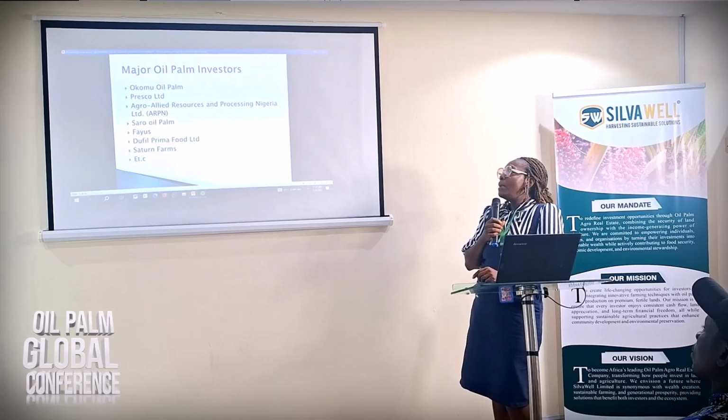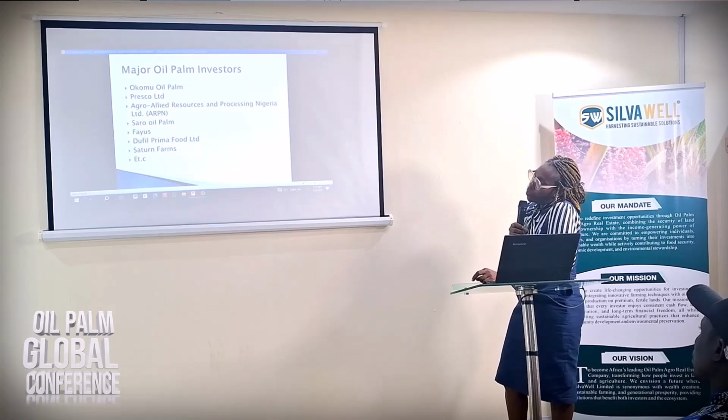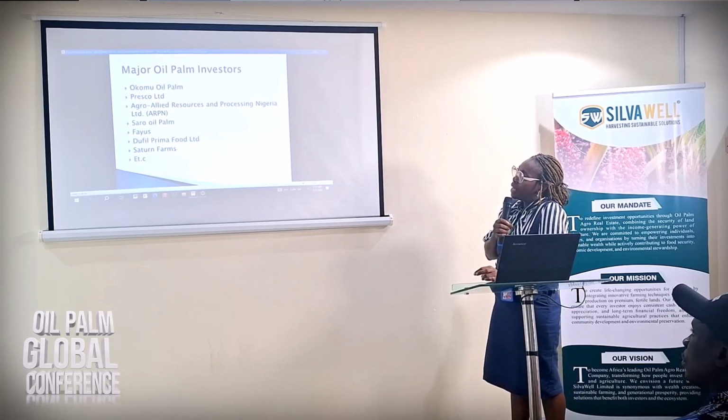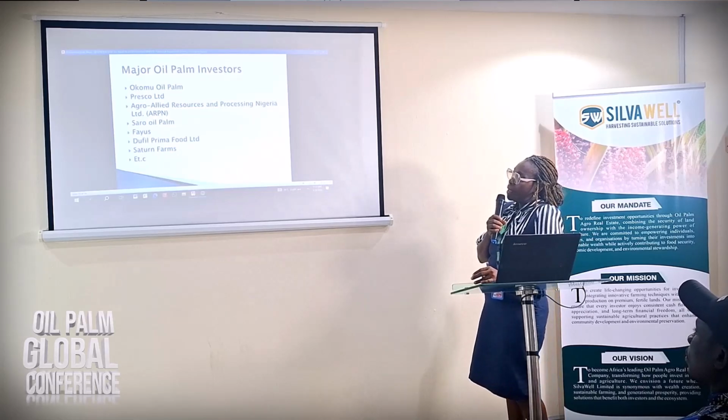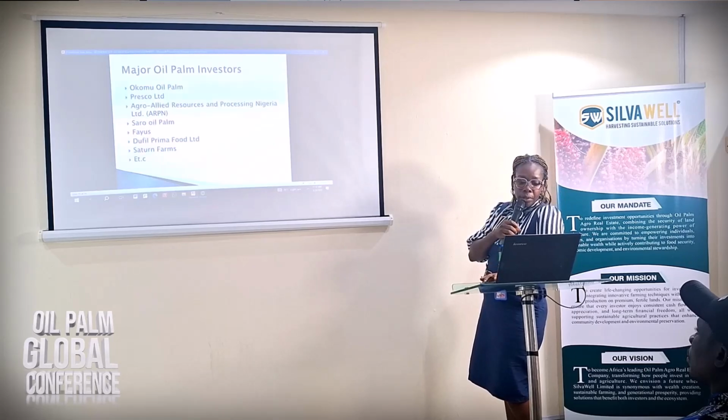We have so many major oil palm investors in Edo. We have Okomu, we have Presco, we have Agro Resources and Processing Nigeria Limited, ARPN, we have the Sar Oil Palm, we have Fayus, we have Tufi Prime Food Limited, we have Tom Farm as well.